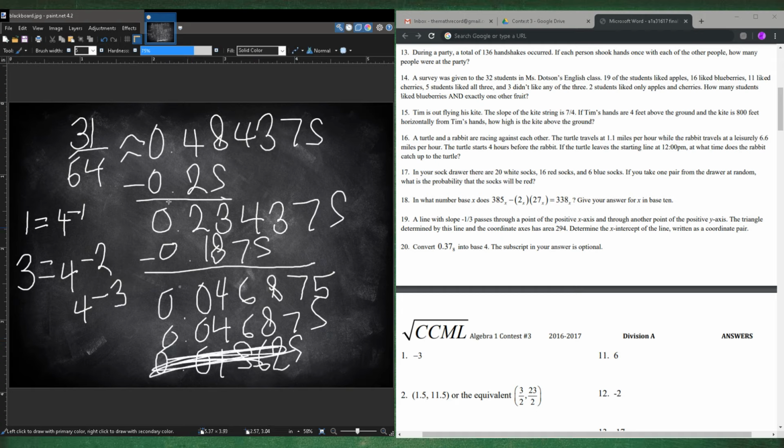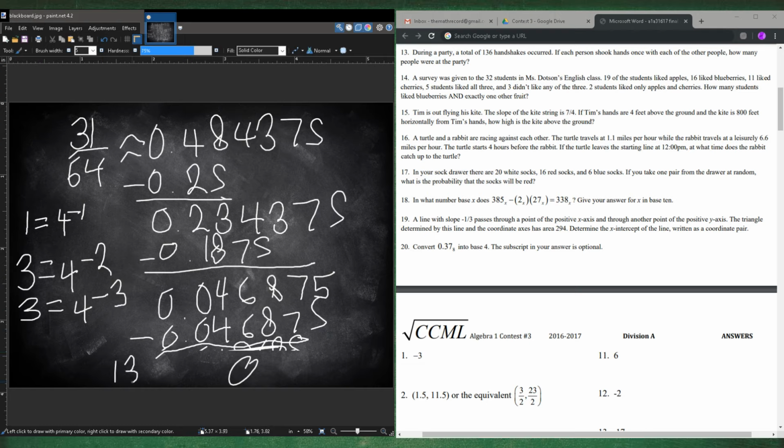Subtracting, I get 0, so there's nothing remaining. So the last digit is 3, and that's all.